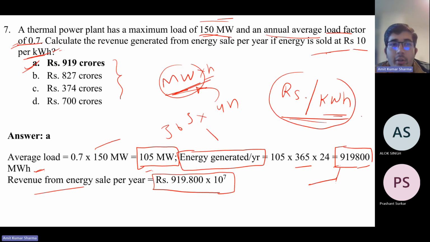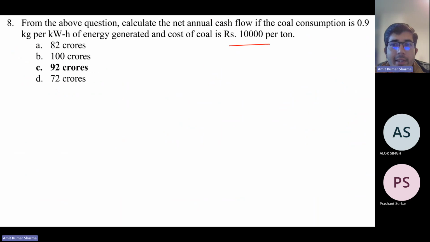And you already know the revenue, which is 919 crores. The net cash flow is in minus out, so revenue in minus total investment. The investment will be the cost of the coal. If you subtract these two, you will get the answer.